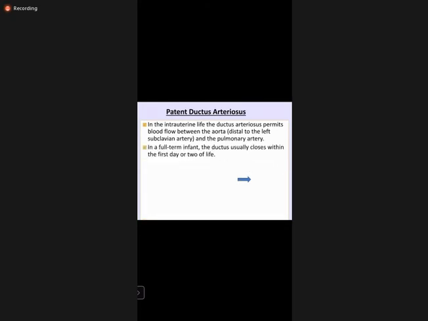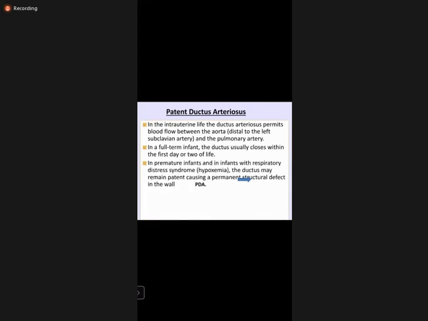Another pathology which is very important is the patent ductus arteriosus. In intrauterine life, the ductus arteriosus permits blood flow between the aorta, distal to the left subclavian artery, and the pulmonary artery. In a full-term infant, the ductus usually closes within the first day or two of life.